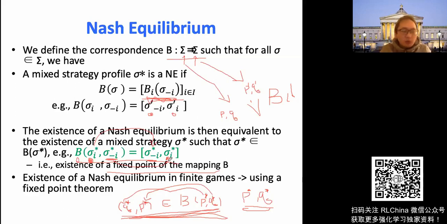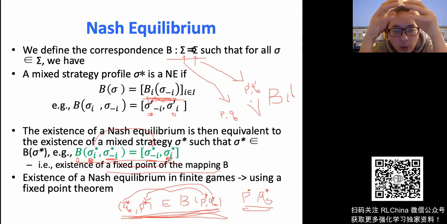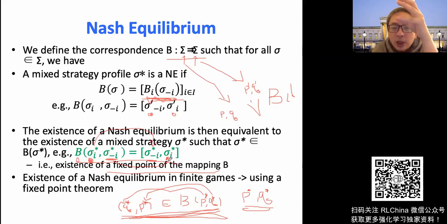So just to summarize this logic: by definition we define this best response mapping by this correspondence. The input is a joint policy, mixed strategies, and the output is a mixed strategy.